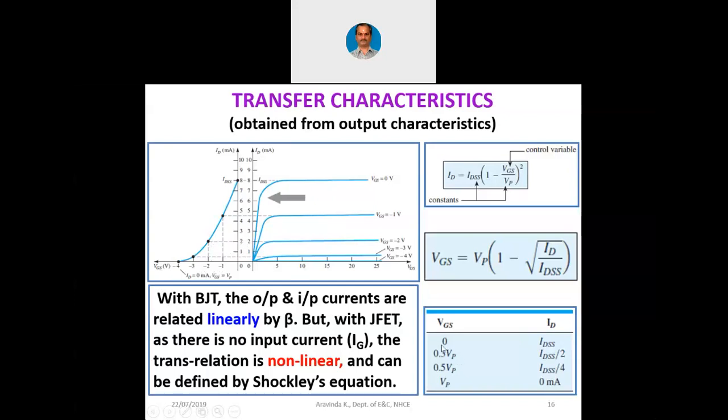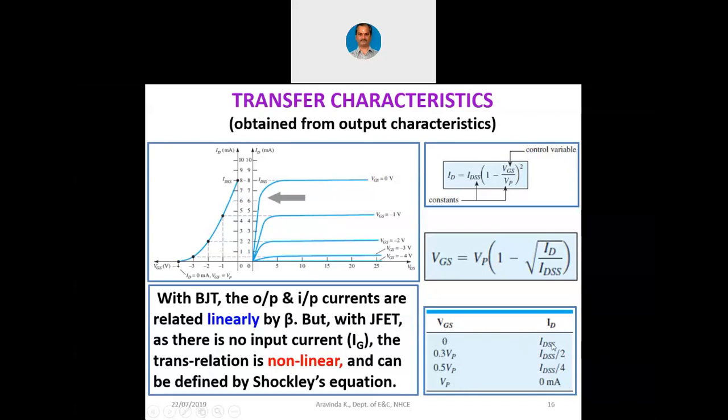Let us say when VGS is 0.3 VP, ID is IDSS by 2. 0.3 into 4 is around 1.2 volts. When VGS is around minus 1.2 volts, ID is IDSS by 2, corresponding to this 4 milliampere. Now we can remember these relationships.